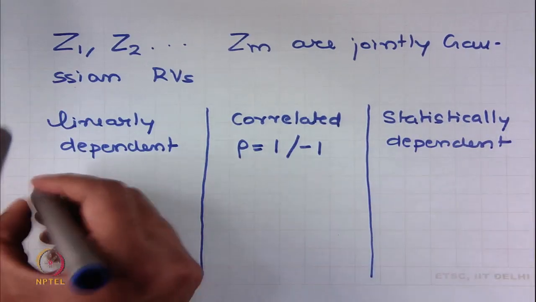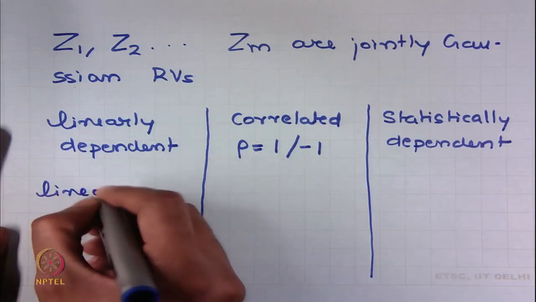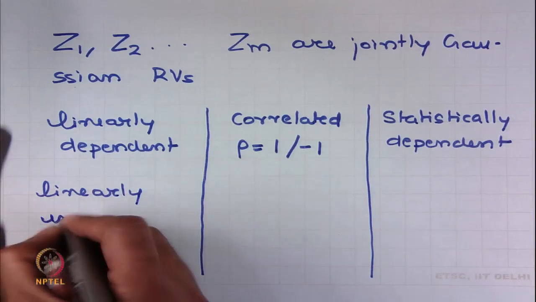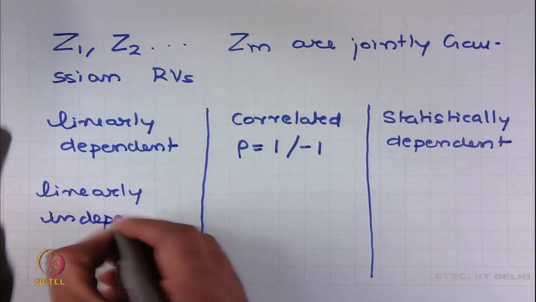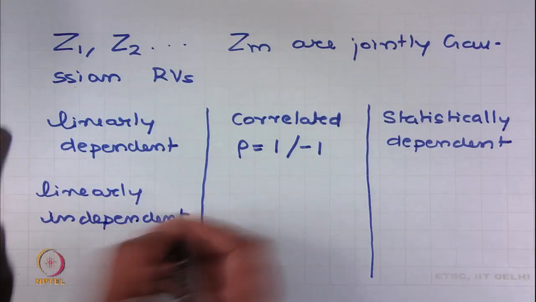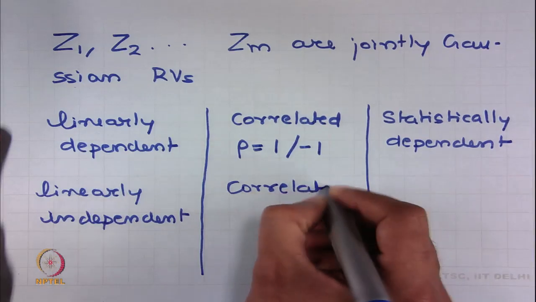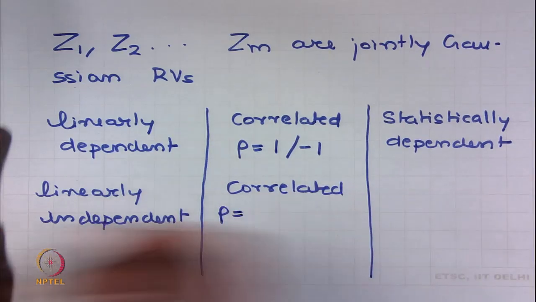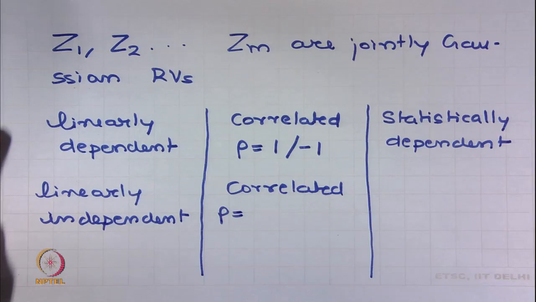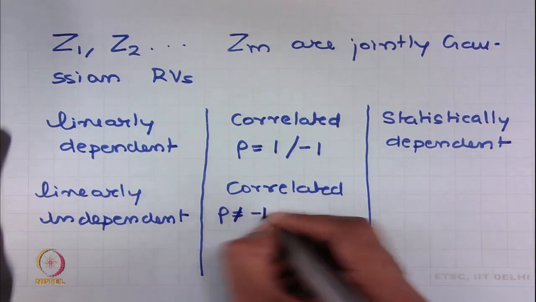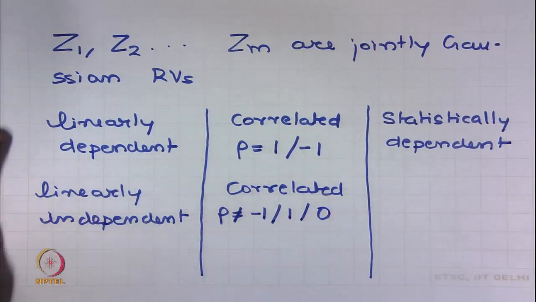Now, in case 2, these random variables can be linearly independent. If these are linearly independent, they might be correlated, where the correlation coefficient will lie between minus 1 and 1, but it cannot be minus 1, 1 or 0.